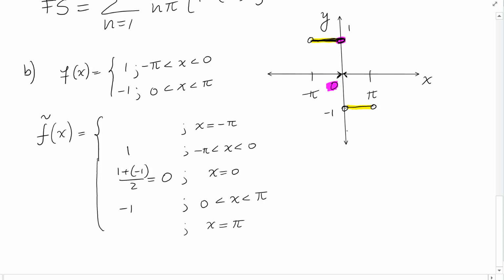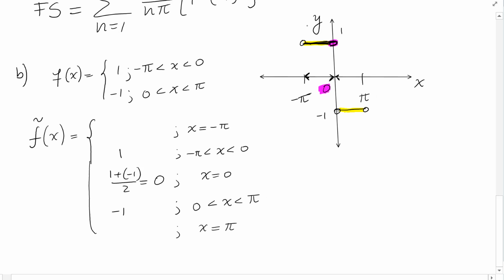Now, looking at the graph and trying to find out what happens at negative pi, I know what happens when x is approaching negative pi from the right, but I don't know what happens from the left. Because of that, we are going to create an extension of the function.